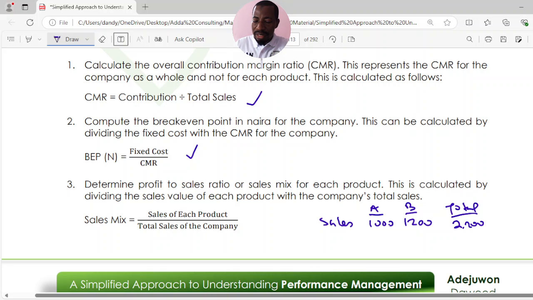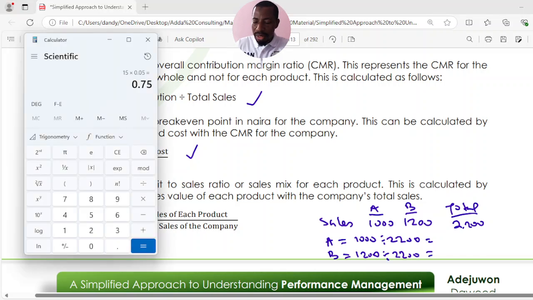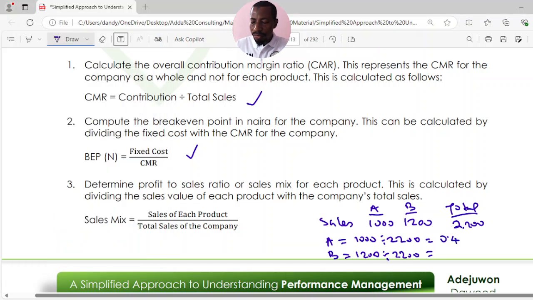So if I want to determine sales mix of A, A will then be equal to the sales value of A, which is 1,000, divided by total sales of 2,200. Then I will also calculate for B. The sales value of B is 1,200 divided by total sales of 2,200. So when you use your calculator, 1,000 divided by 2,200, that's 0.45, which is the same thing as 45%.